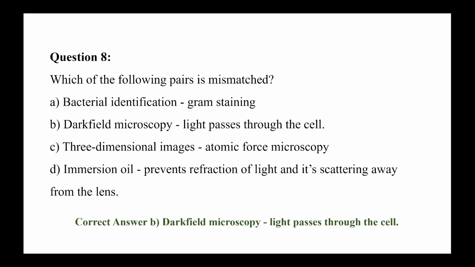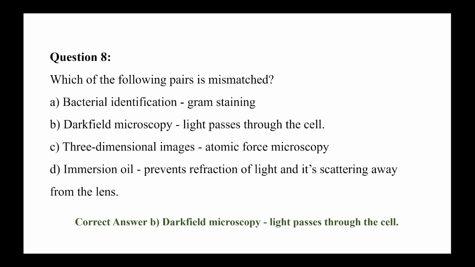Dark field microscopy and light passes through the cell, that's a mismatched pair. I told you gram staining is a primary step for bacterial identification, so that is a correct match. Atomic force microscopy is a technique used for structure determination, so three-dimensional images can be obtained from atomic force microscopy.